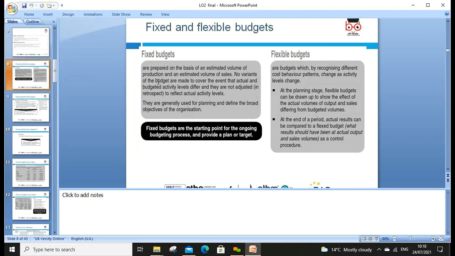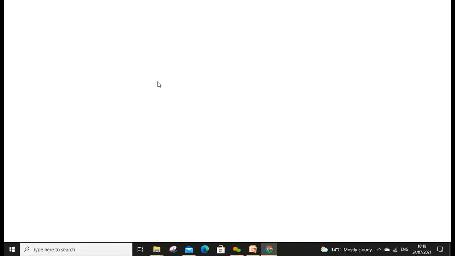Then we're looking at fixed and flex budget. Fixed means stay the same, flex means change, according to the level of activity, the production activity. So fixed always stays the same.